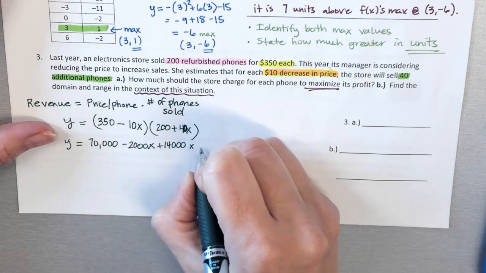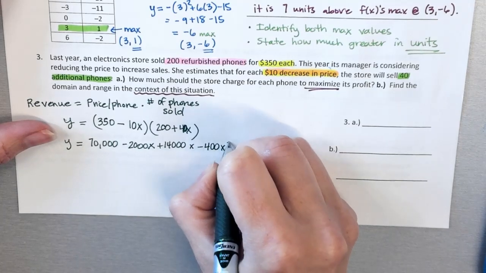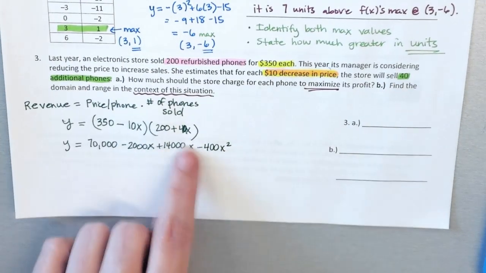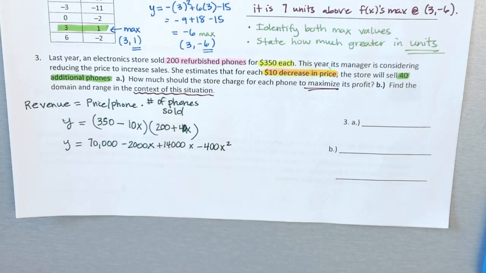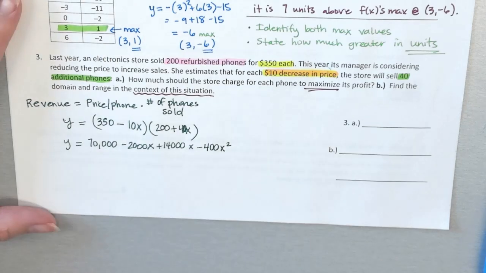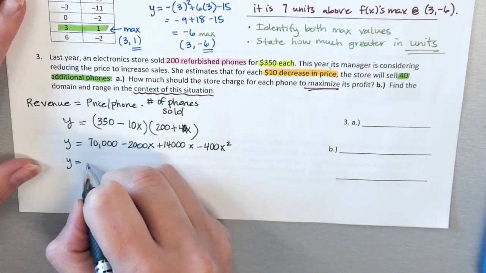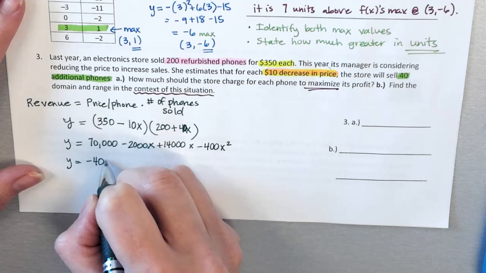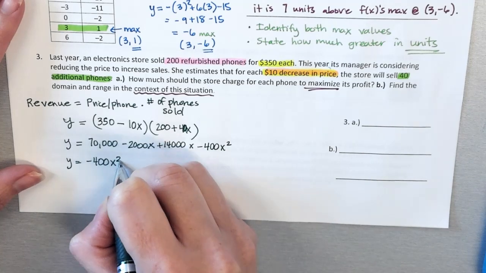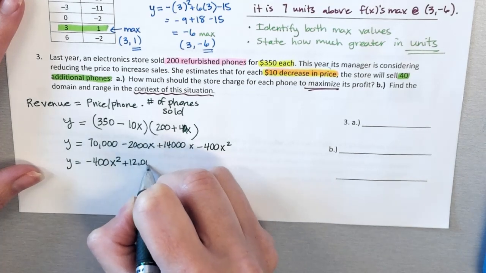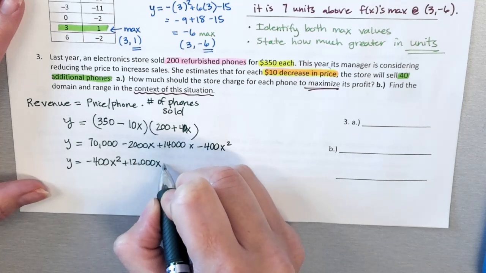And minus 400x squared. Yes. Okay, so you have the 40 additional and then the 200. And then from there, you can combine your like terms. Okay, so you're going to have a quadratic equation here that you can find the maximum value of.